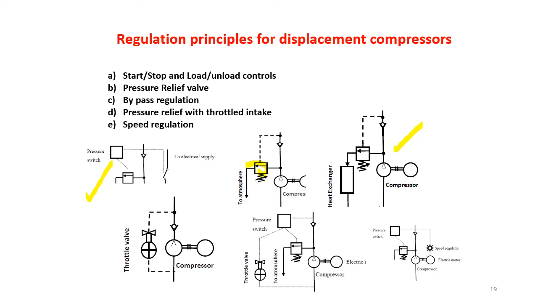Then pressure relief with throttled intake, and speed regulation type, where a speed regulator is given. So these are the basic principles by which you can control the displacement of a compressor, and thereby control the pressure which it generates.